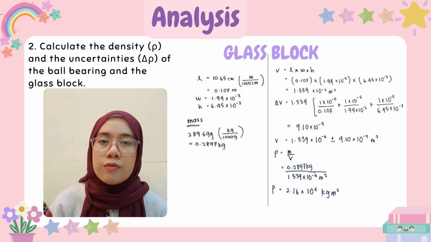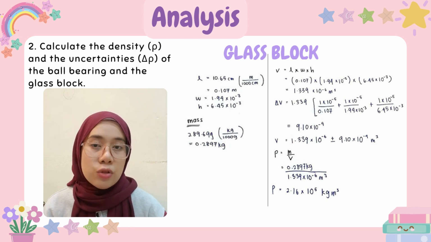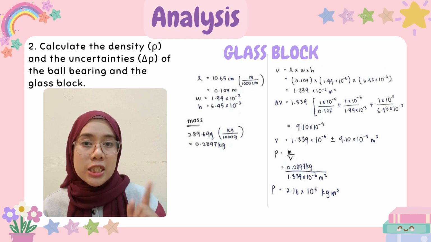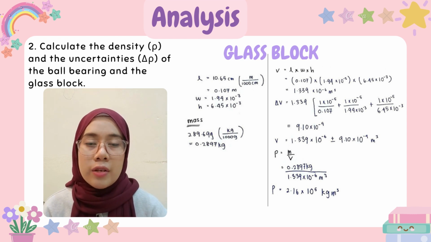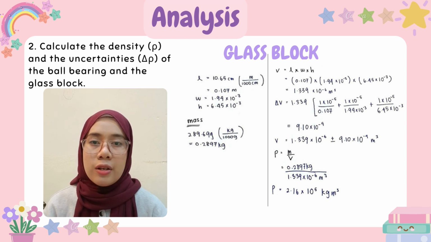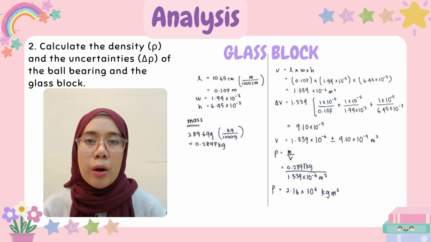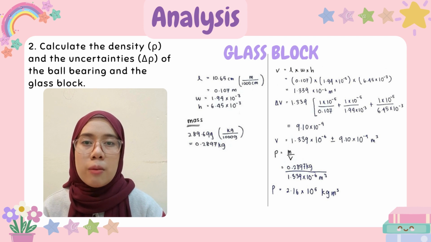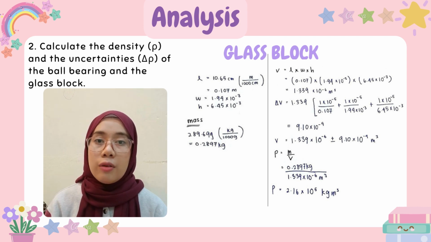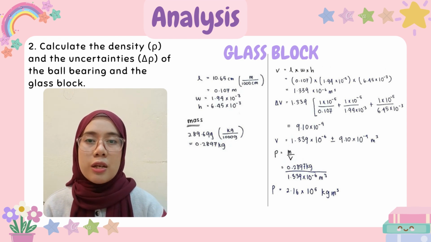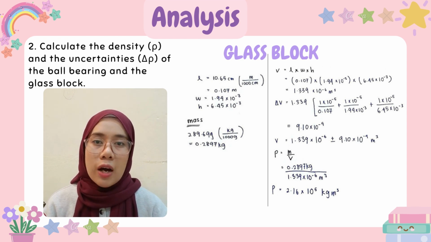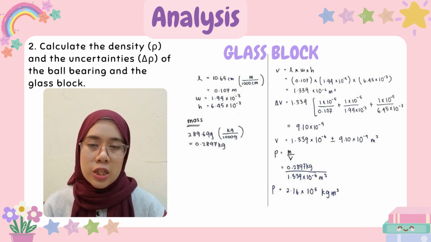And then, we must find the volume uncertainties. To find it, 1.339 times the bracket of 1 times 10 to the power of negative 5 divided by 0.107, and then we plus 1 times 10 to the power of negative 5 divided by 1.94 times 10 to the power of negative 3, and then we plus again 1 times 10 to the power of negative 5 divided by 6.45 times 10 to the power of negative 3.